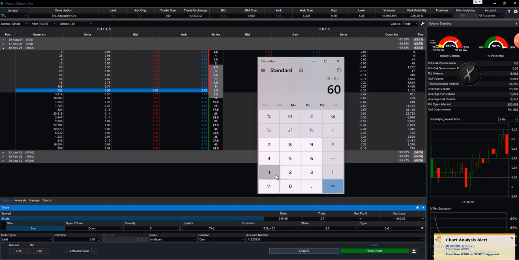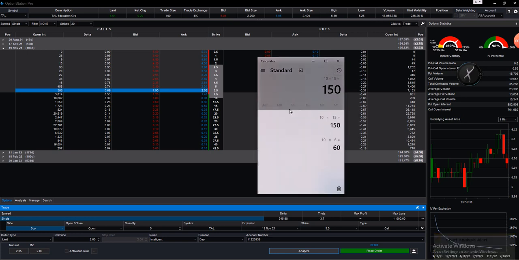So now we have 10 shares and it moves to $15. We can sell it for $150. So you see the difference there. We bought for $60 and we sold for $150, leaving a profit of $90 on the table.